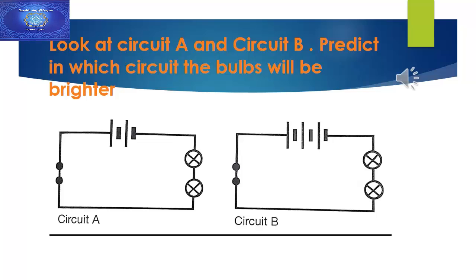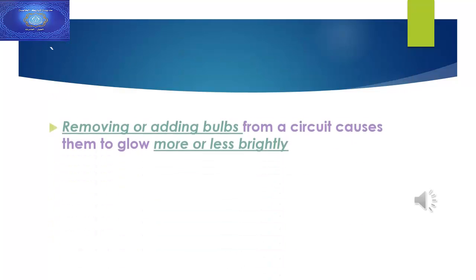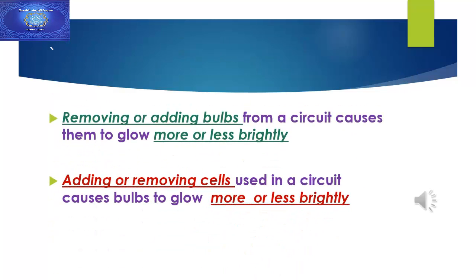How do you know that is a 4.5 volt battery? Look at this picture. 1.5 plus 1.5 plus 1.5 is equal to 4.5. Got it? Just think, if you remove bulbs from a circuit, what happens to the circuit?